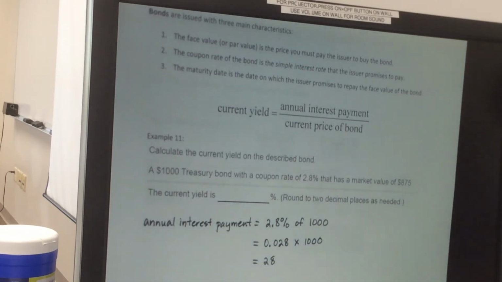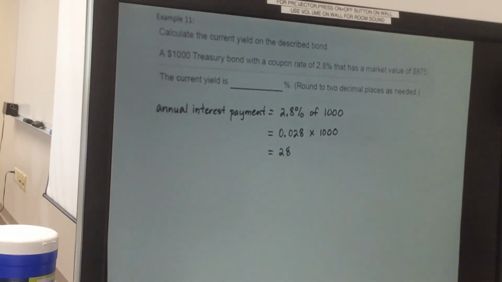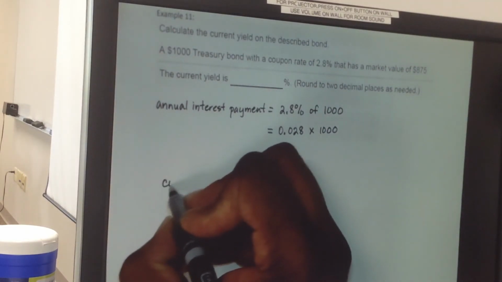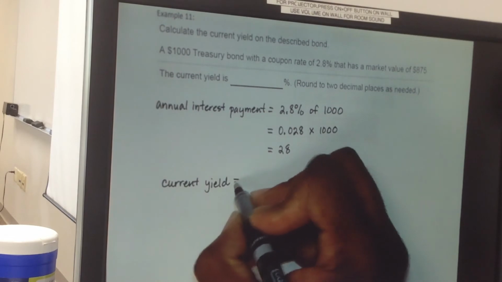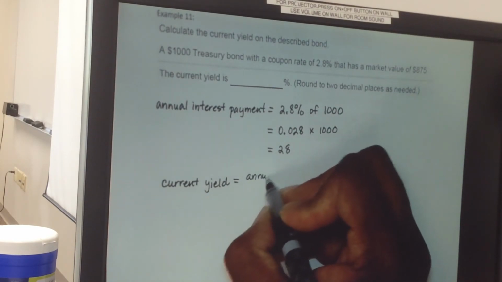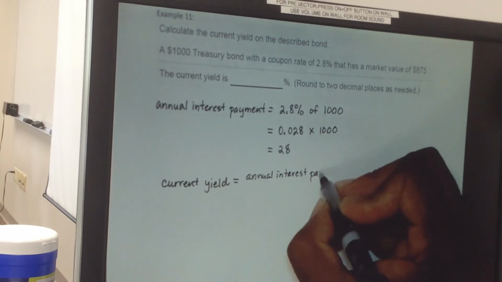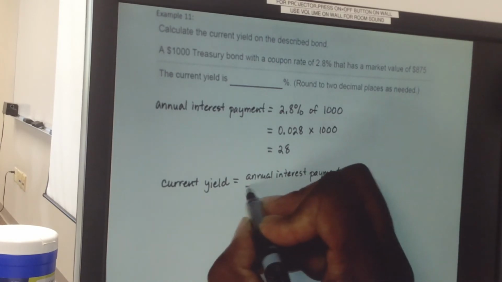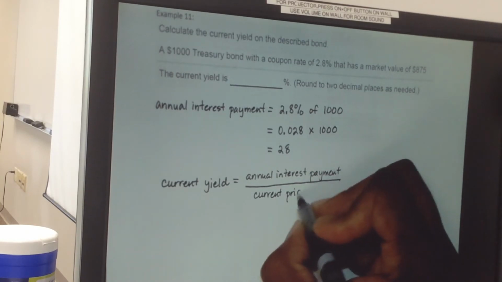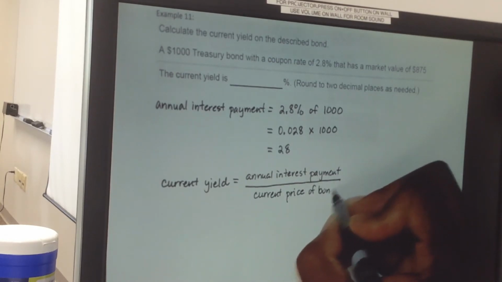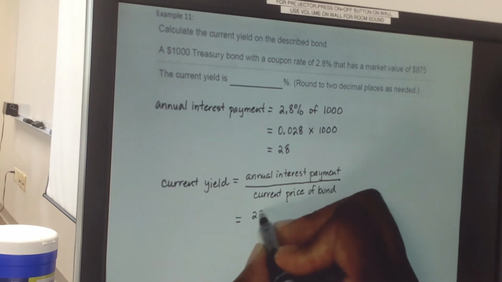Now I'm going to use that to find the current yield. To find the current yield, we use that formula, annual interest payment divided by the current price of the bond. So the annual interest payment was $28.